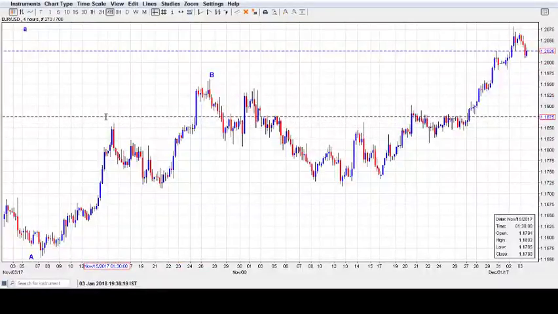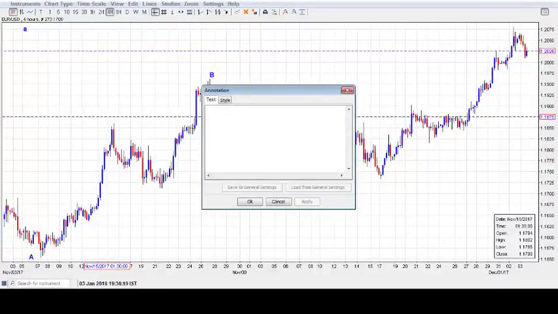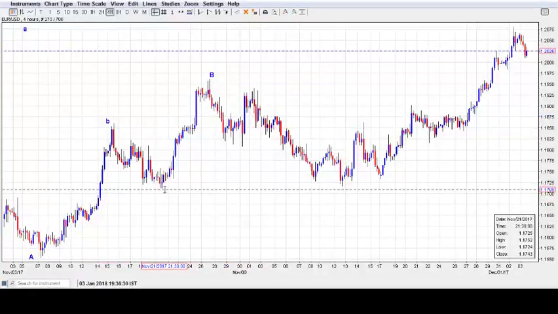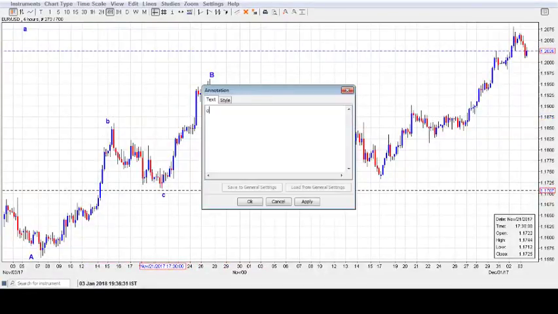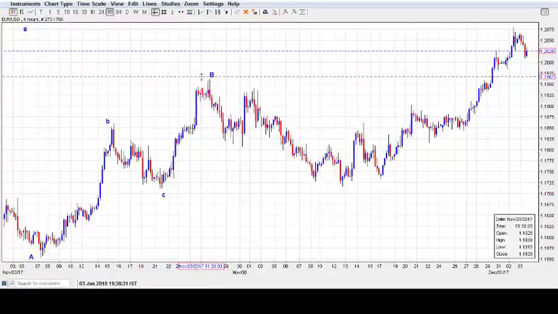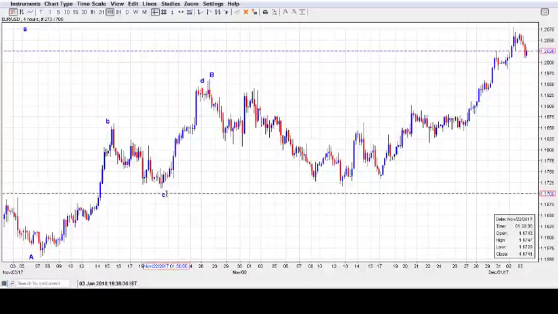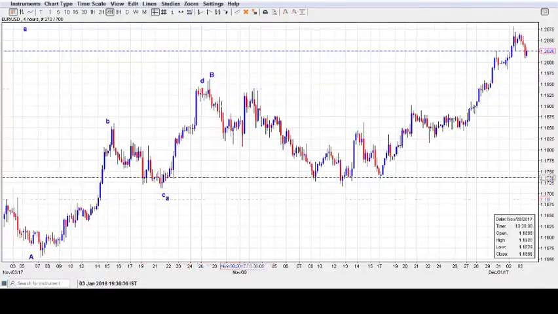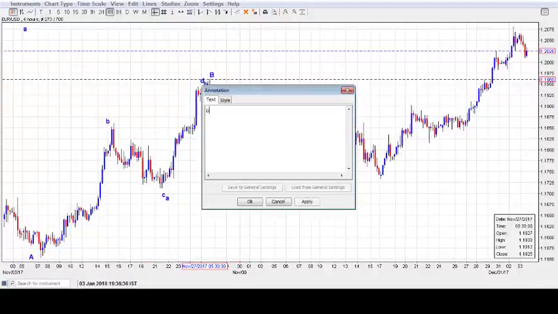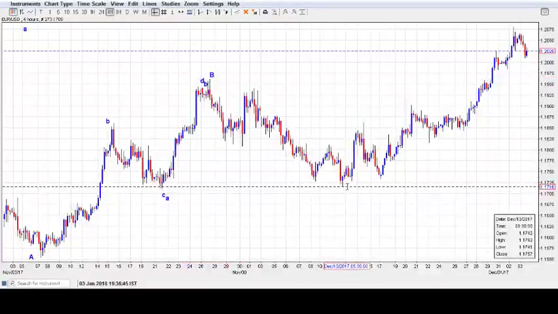Let's do that. I'm doing it in lower-case alphabets. Then C becomes A, D becomes your B. Now that C was a bit dicey. It's almost equal, not exactly pip to pip, but it's almost done, off by just one pip.